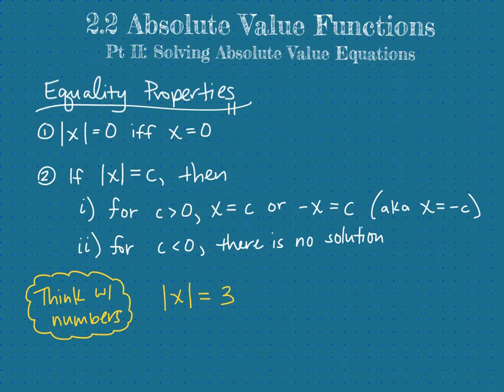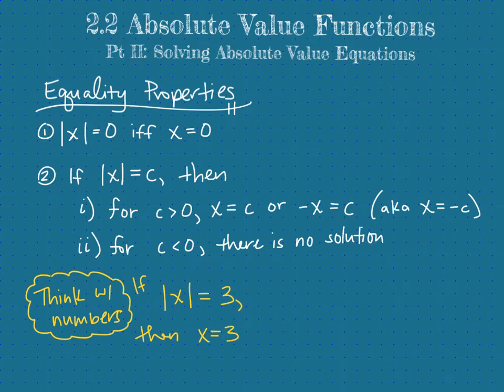So we have to think about what are the possibilities that x could be. What number inside the absolute value could be in here such that it would output as a 3? Well, x could equal 3. It could equal what c was. So one answer is that x could just be 3.